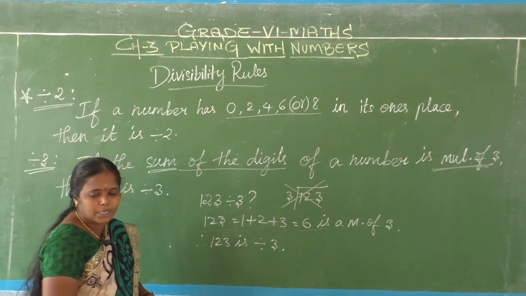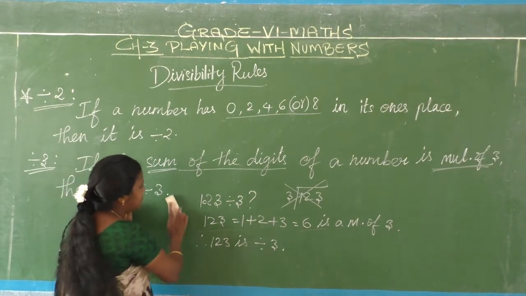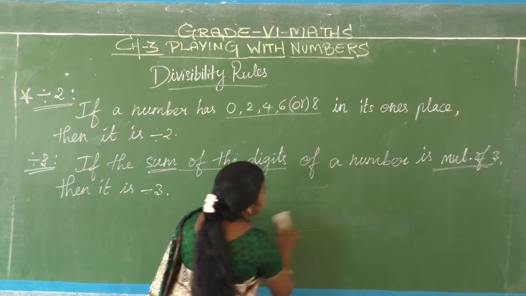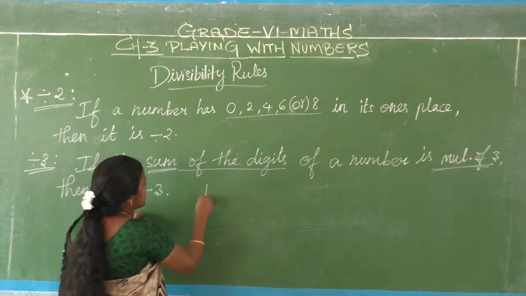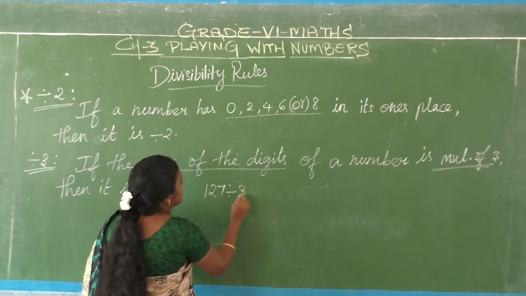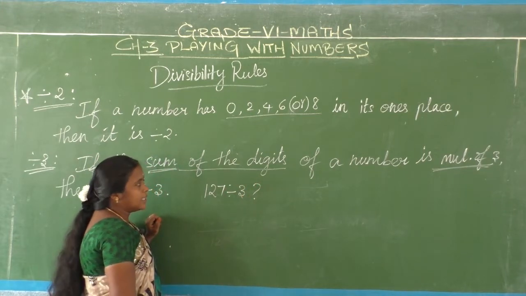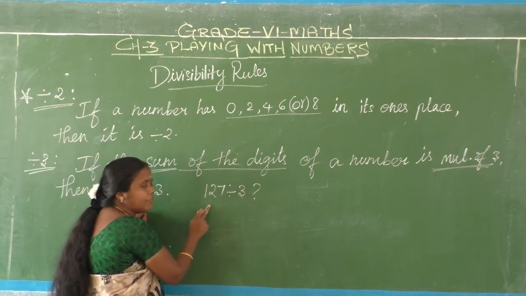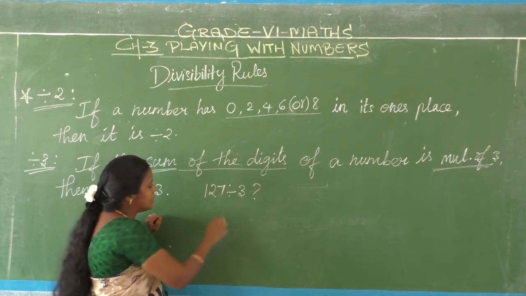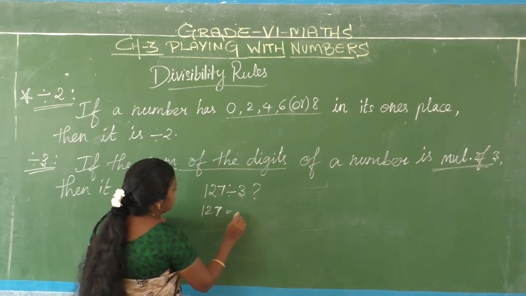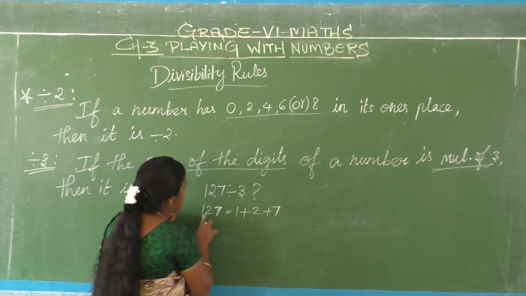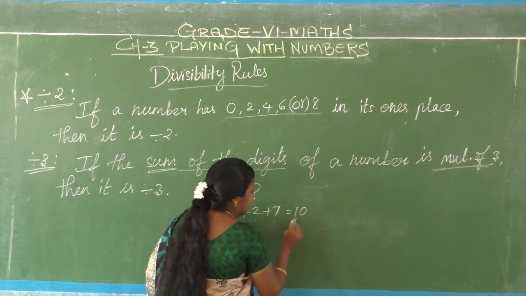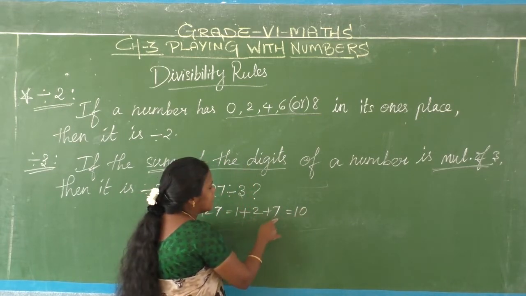Understood, children? See, for another example I am showing here. Is 127 divisible by 3 or not? How will we check? As per this rule, sum of the digits of the given number should be a multiple of 3. We will check: 1 plus 2 plus 7. 1 plus 2, 3. 3 plus 7, 10.